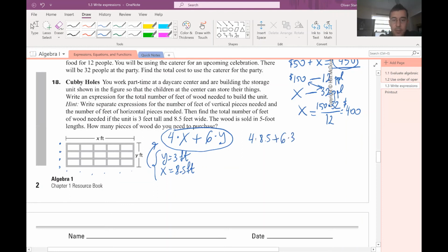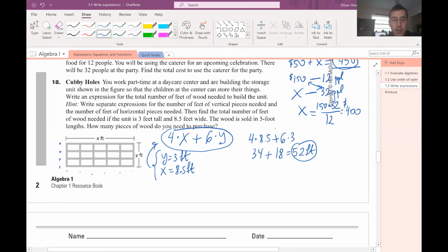So we get 4 times 8 is 32, and 4 times half is 2. So this is 34, plus 6 times 3 is 18. So this is 52 feet, right? So 52 feet, that's the answer. That's the total number of feet of wood needed.